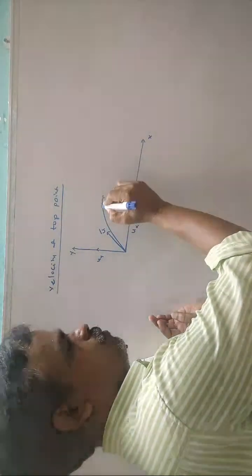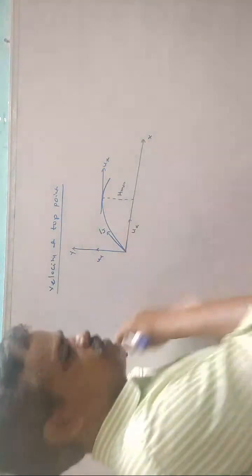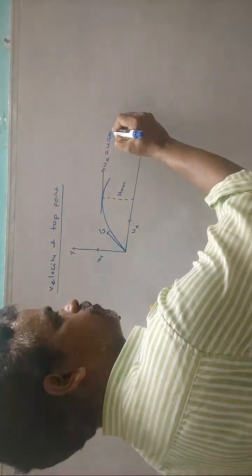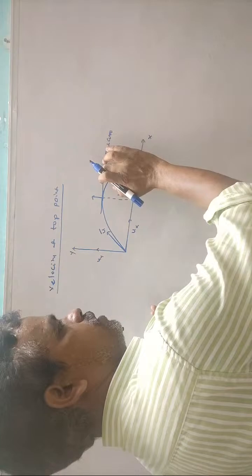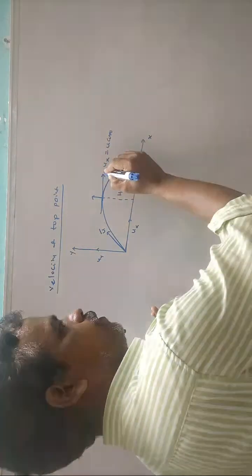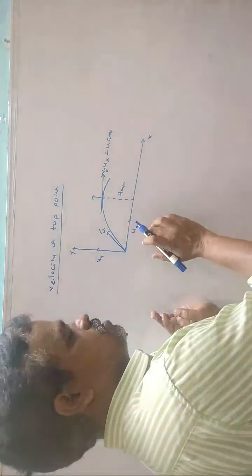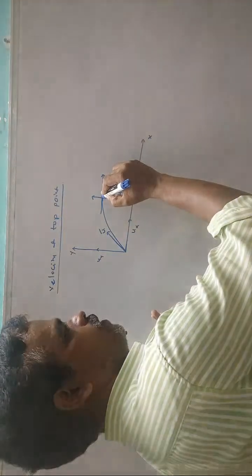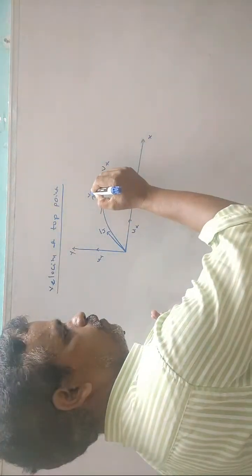So here only the ux component is there, that is equal to u cos theta. So what about uy? Here vx is nothing but ux. There is no change in the horizontal component. See here also velocity is there, that has two components, vx and vy.